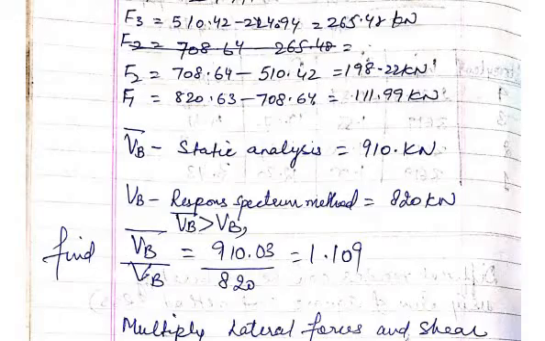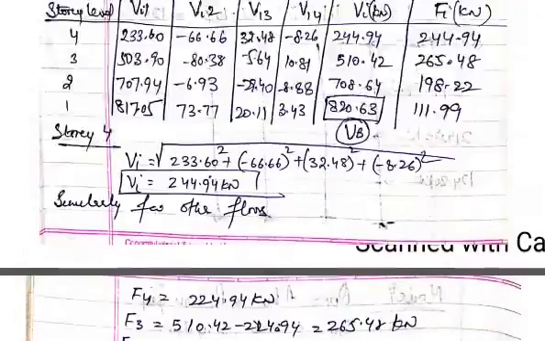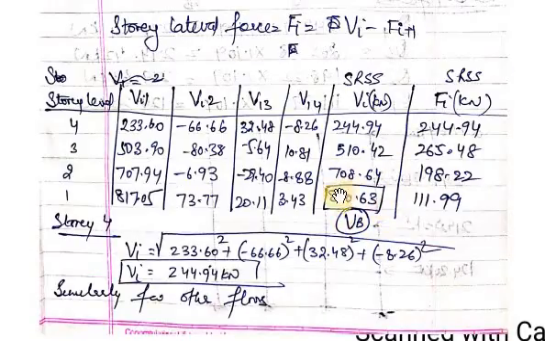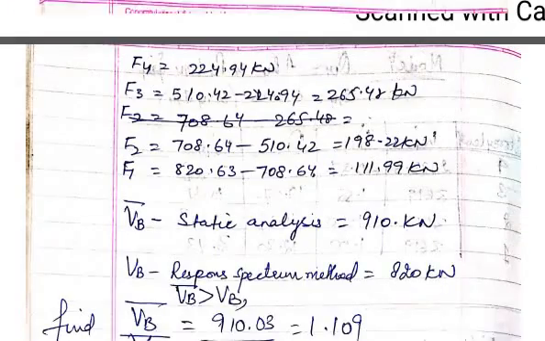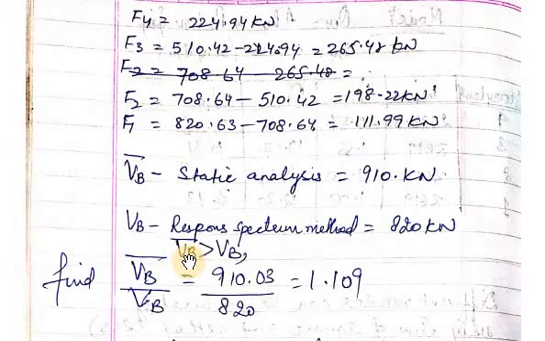We have taken the value of 820 from here. That means your VB from the static one is greater than VB from the dynamic one. Now we will find the ratio of these two, VB bar by VB.